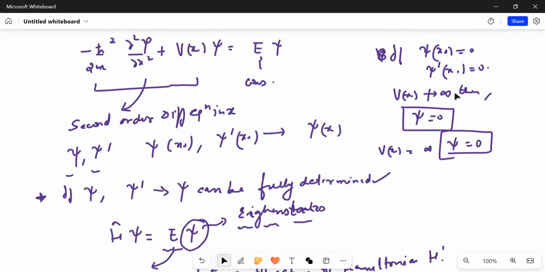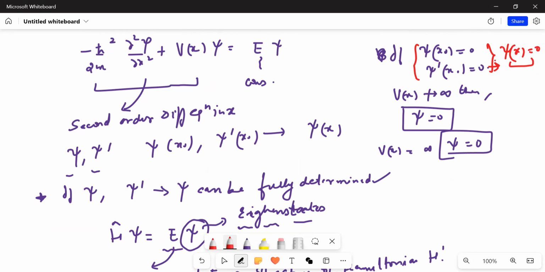Please, if you're getting confused here, don't get confused. What I want to say is that if psi dash is 0, it implies psi(x) is a constant. And if at one point it is 0, then it is 0, isn't it? So psi(x) must be 0, even if the potential is not infinite. Somebody was remarking on this.